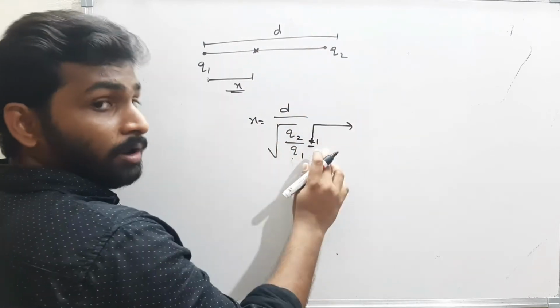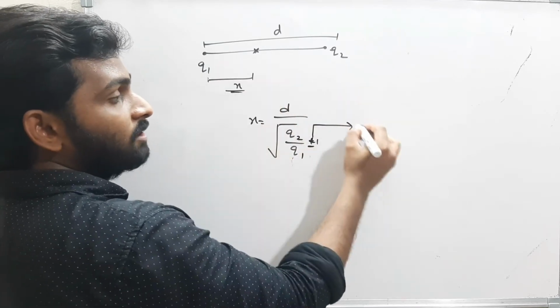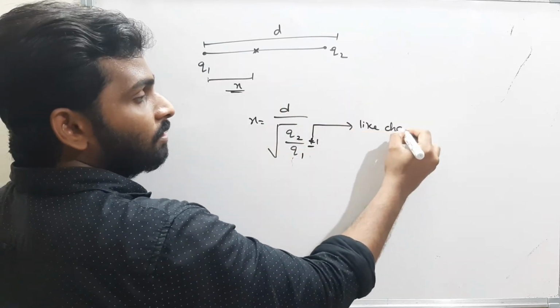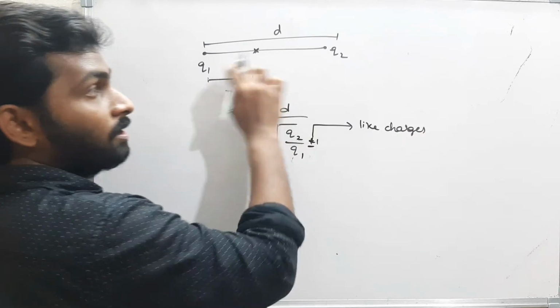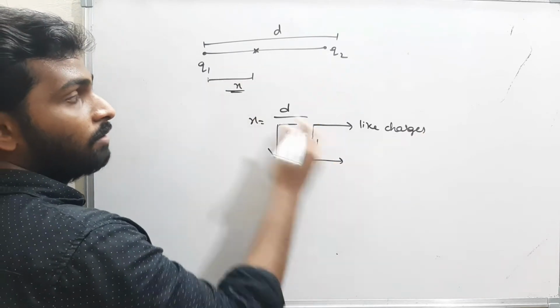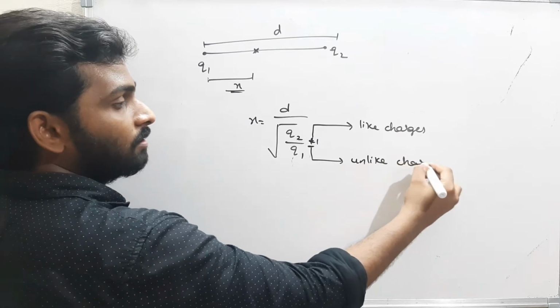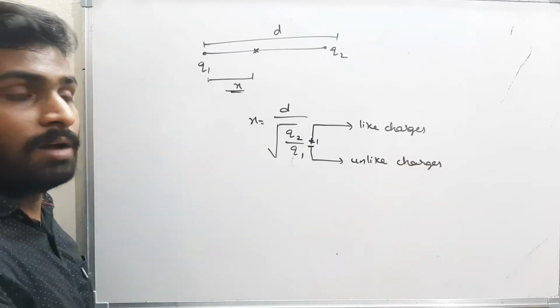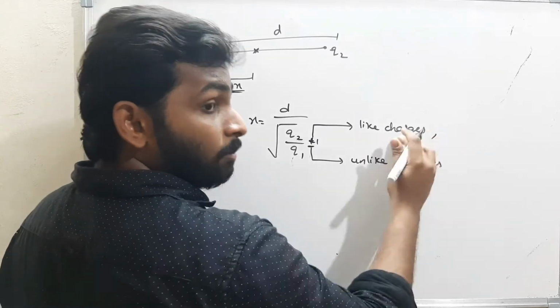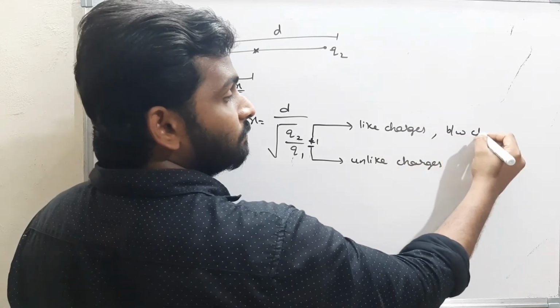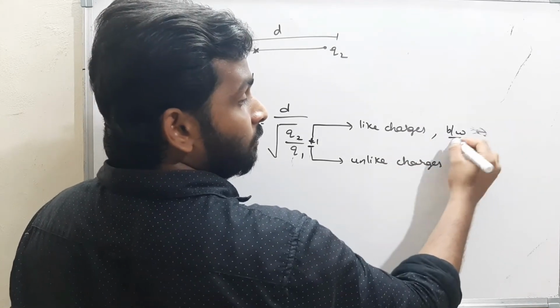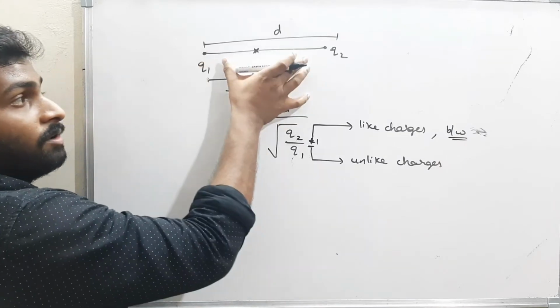Plus I will take when these two charges are like charges, and minus I will take when both are unlike charges. When they are like charges, the null point will be between the charges, somewhere between them.